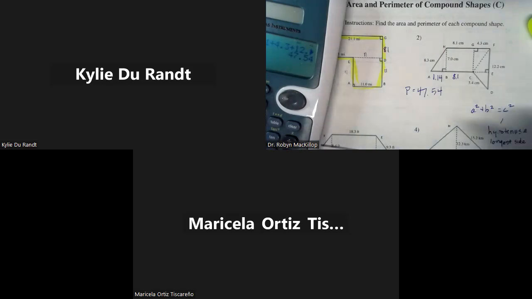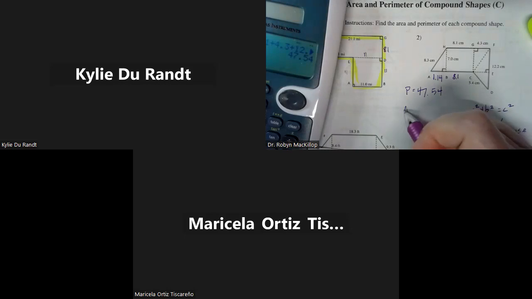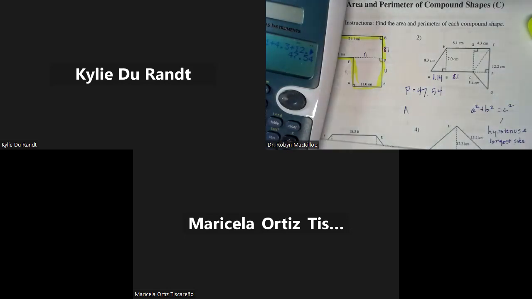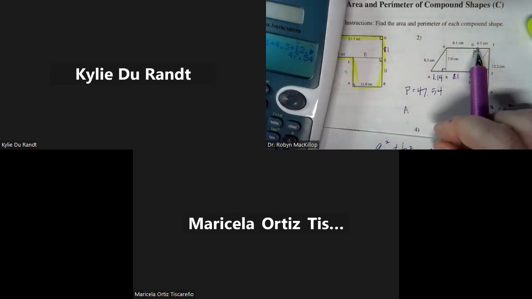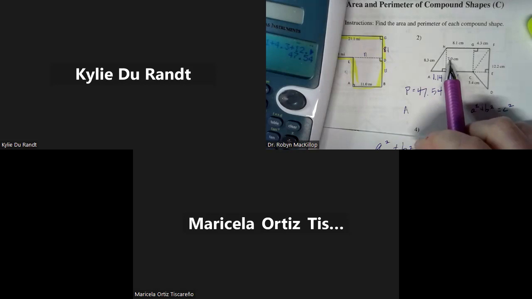Now we're going to do the area. It's going to take a little bit of work because we've got a lot of shapes happening, don't we? But some of them are not too bad. All right, we have got a very nice rectangle right here. And we can take care of that by adding the two numbers at the top. And then we've got the height right here, or the side, 7.